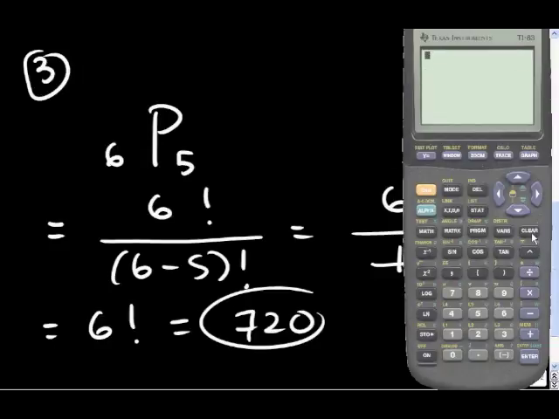However, note that we could have entered 6, math, probability, permutation, 5 for 6p5, and we also get 720.